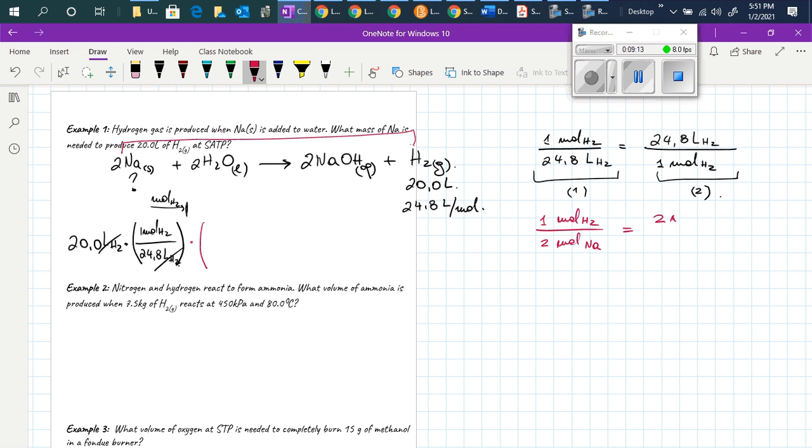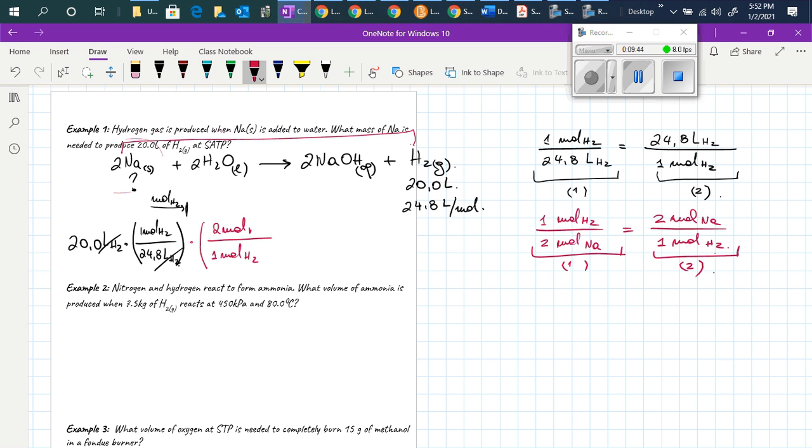Or if 2 moles of sodium are reacting, then 1 mole of hydrogen is produced. So again, we have 2 ratios, the ratio 1 and the ratio 2. And we want to move to sodium, so we will use ratio 2 because we need to cancel out the moles of hydrogen.